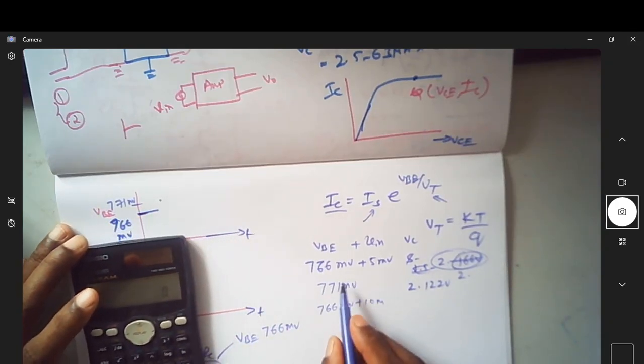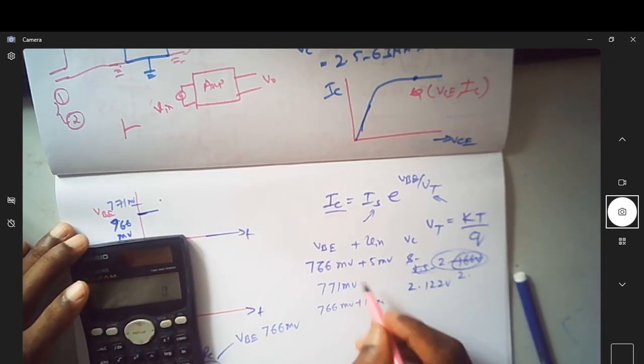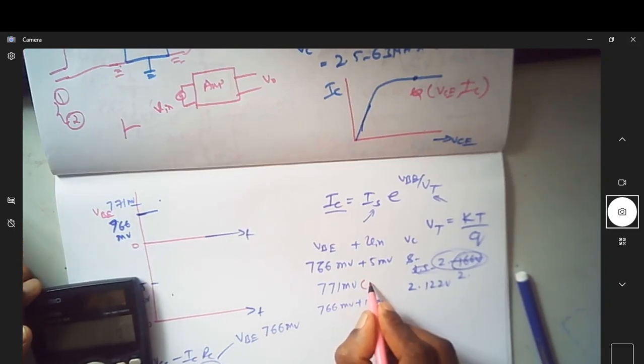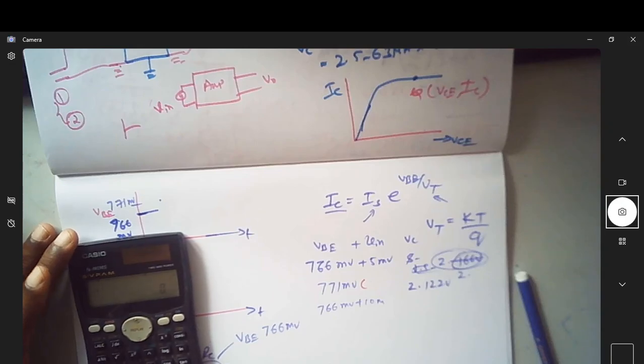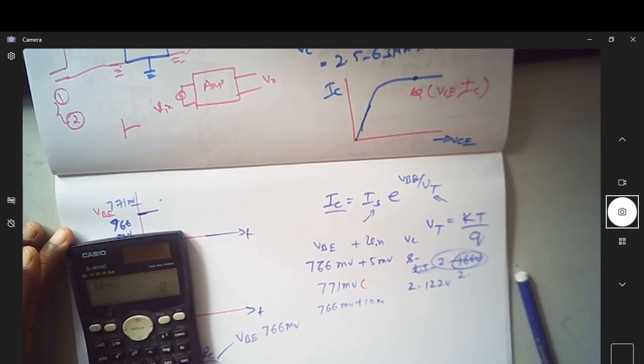So when it was this, IC was, I think, how much was that? Okay, let me just find out. It was 1 exponential minus 17 into exponential 771 divided by 26.